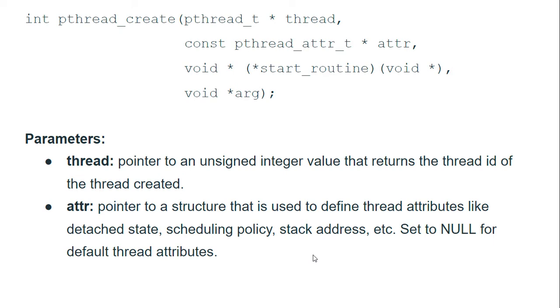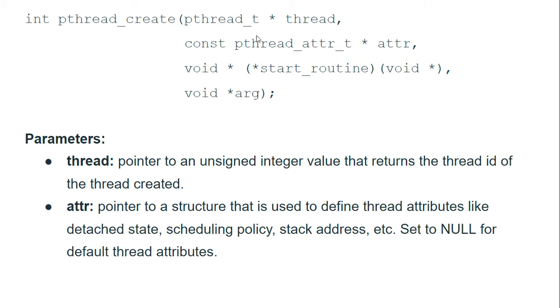Basically, to create a thread in Unix or Linux platform, the pthread_create function is called. This pthread_create function has a thread ID, which is used to control this thread from the main process.